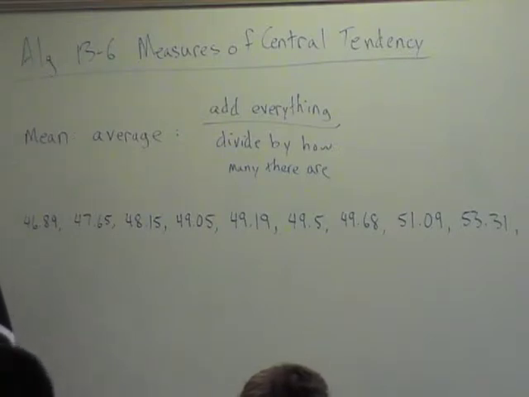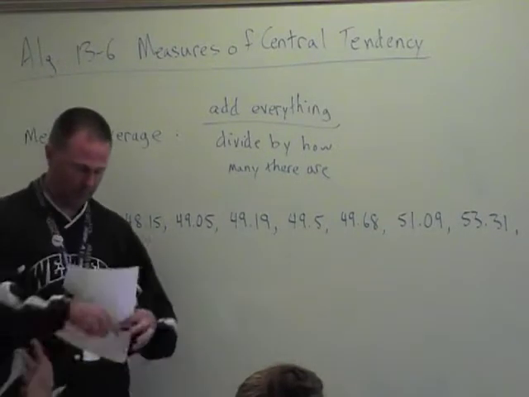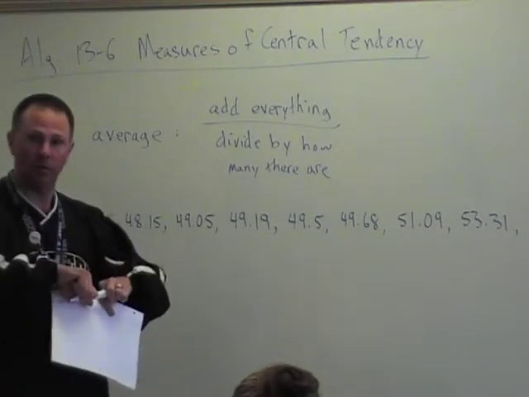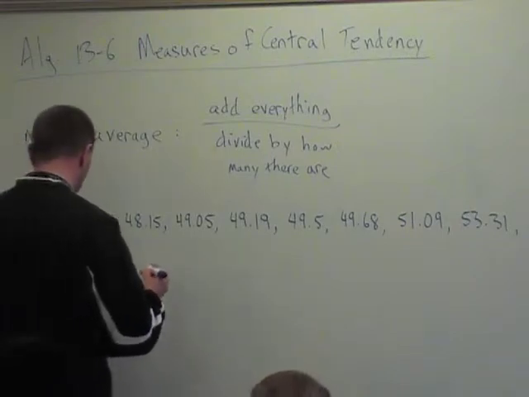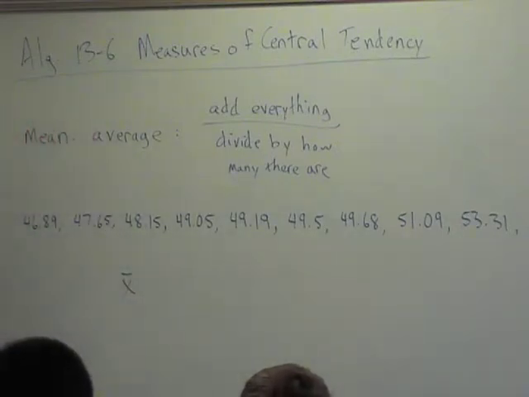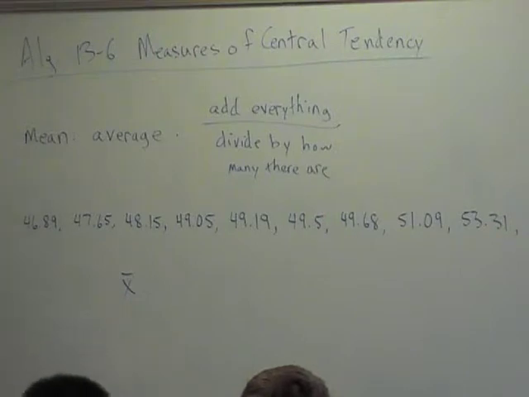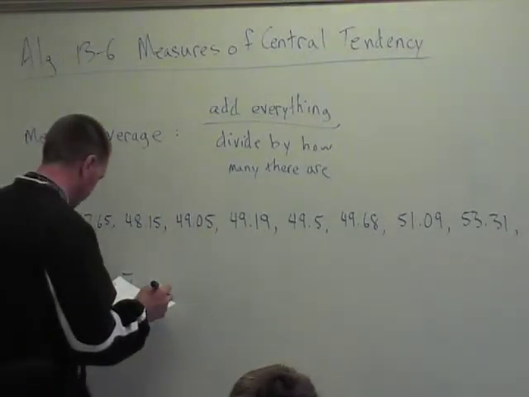So we'll talk about median here in a minute. Let's go ahead and find the average. So you just add all these together. Here is the symbol for average that we use in statistics: x with a bar above it. If you see that in your next few math textbooks, that's what it means.